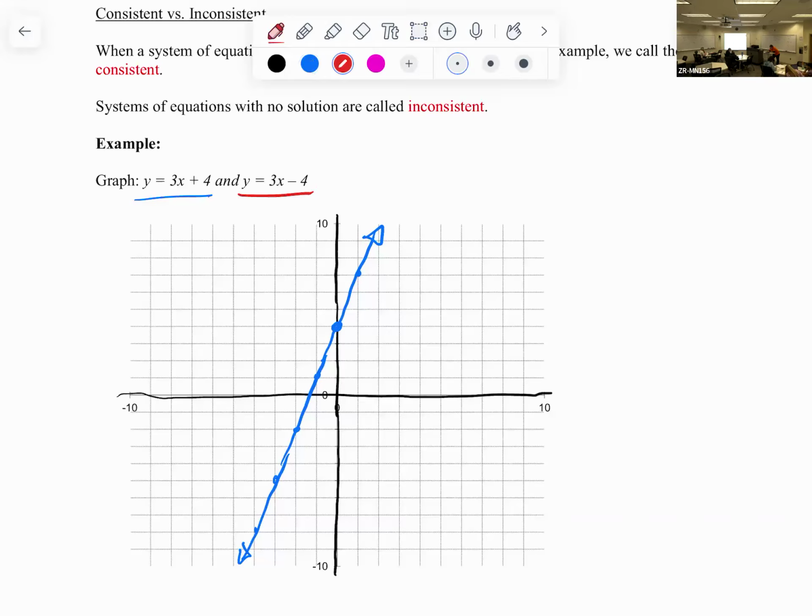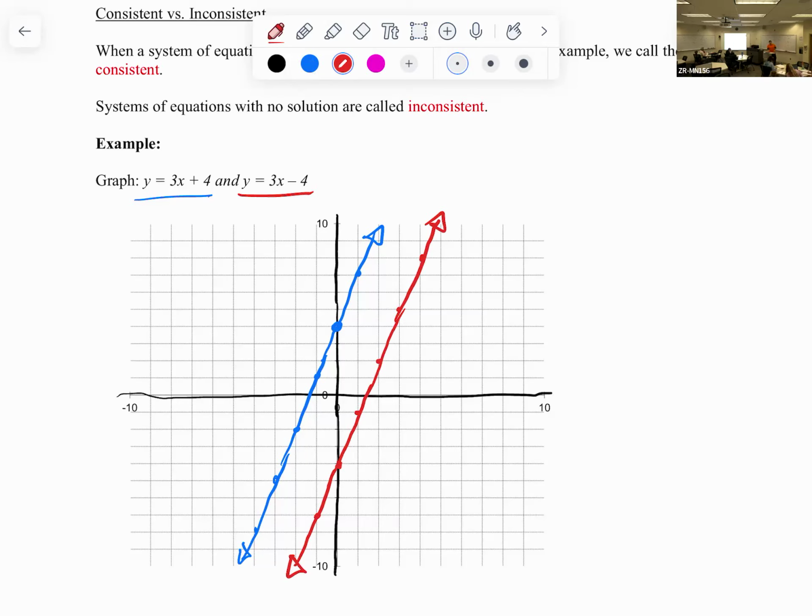And then y equals 3x minus 4. By visual inspection, what do you see about these two lines?